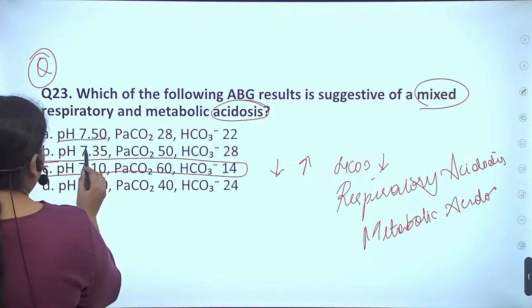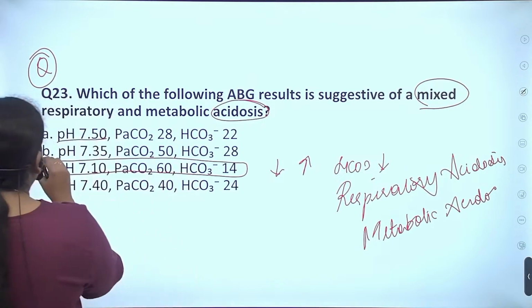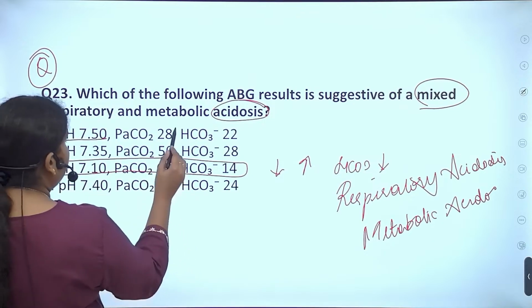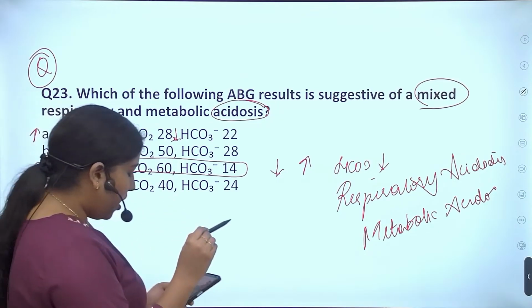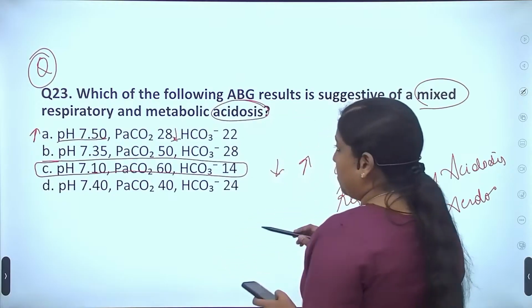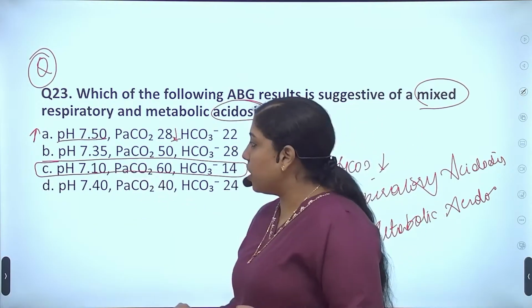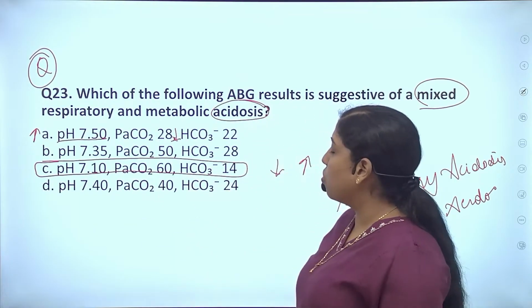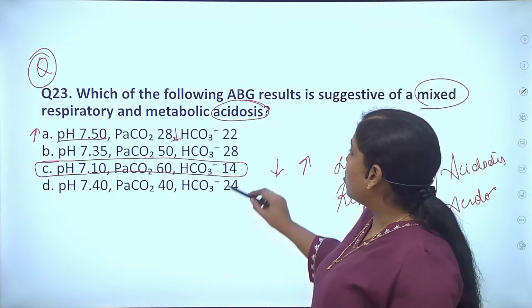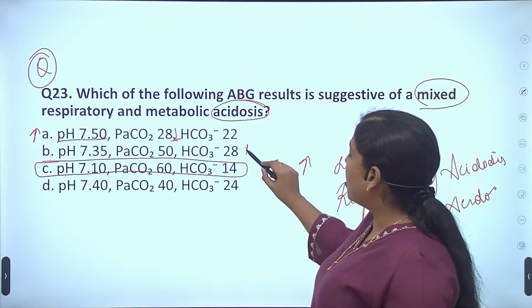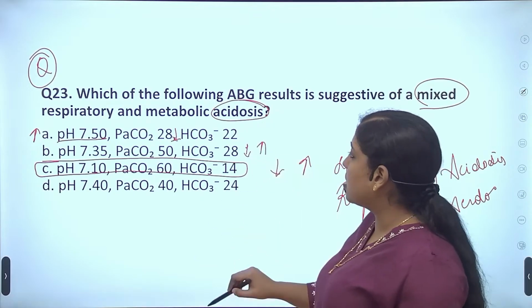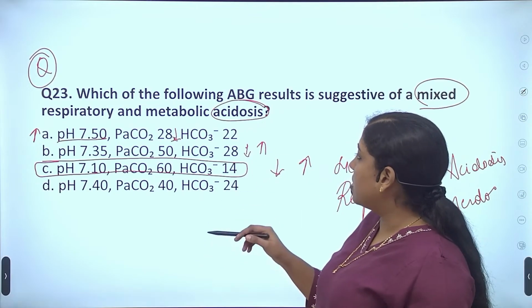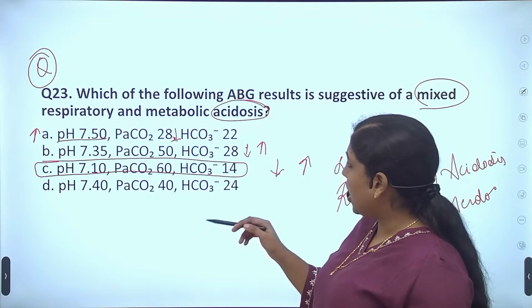Now coming back to the other options. With 7.50, the pH is increased and PaCO2 is decreased, so reverse direction; the problem is respiratory alkalosis. With 7.35, the pH is subnormal and the PaCO2 is increased, so again it is a respiratory problem, respiratory acidosis.